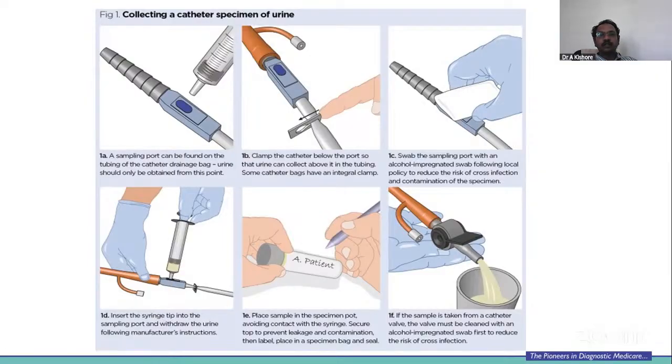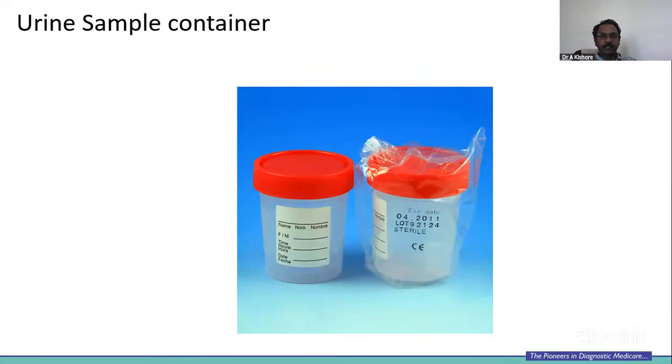Once you draw an appropriate amount, put it into the appropriate container, label it properly, and then remove the clamp so that the rest of the urine is passed. This is the way you need to collect from the catheter, and that is important. Why? Because otherwise we unnecessarily get contaminants or bacteria other than the expected bacteria in the urine sample.